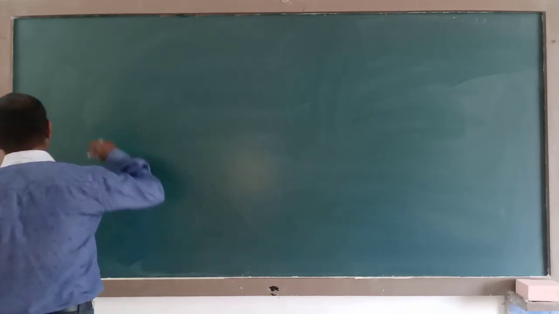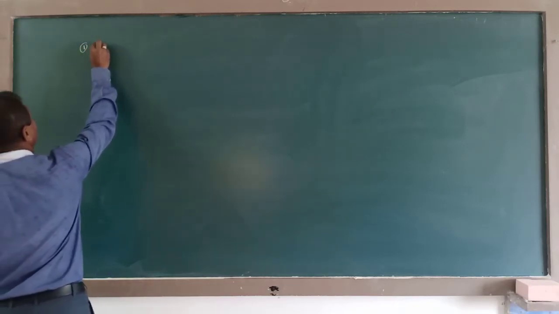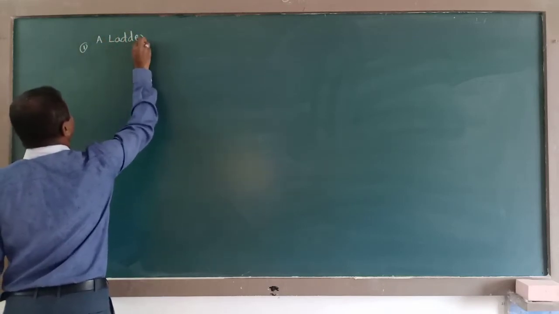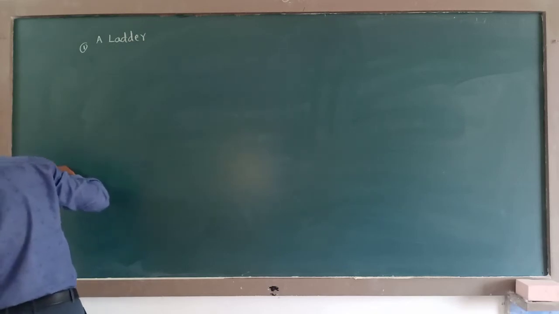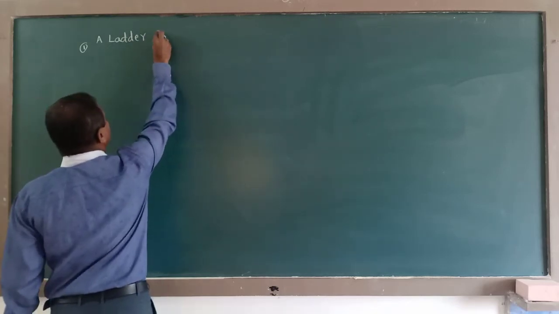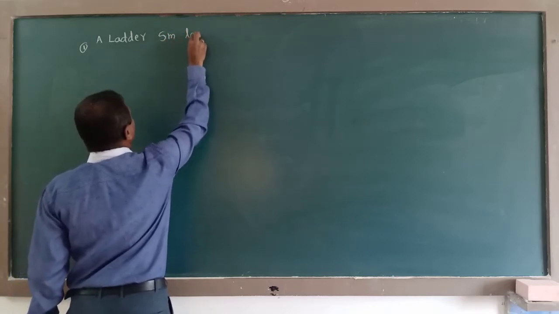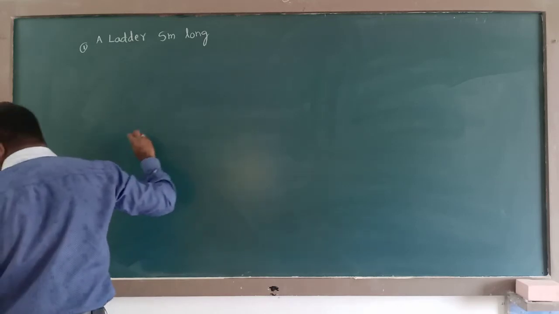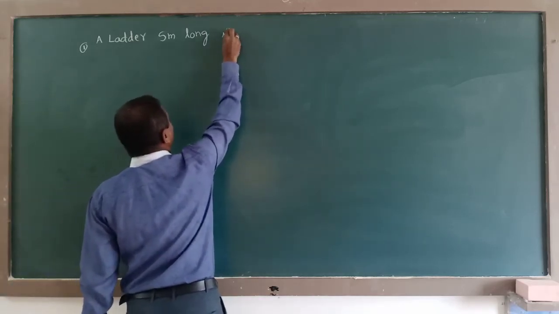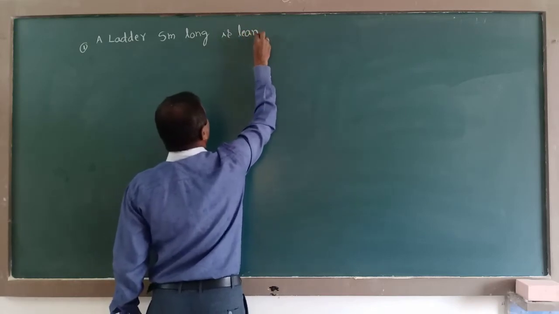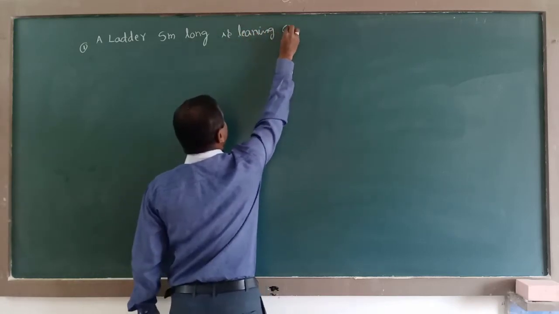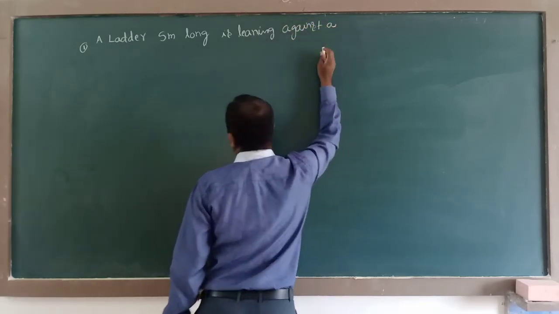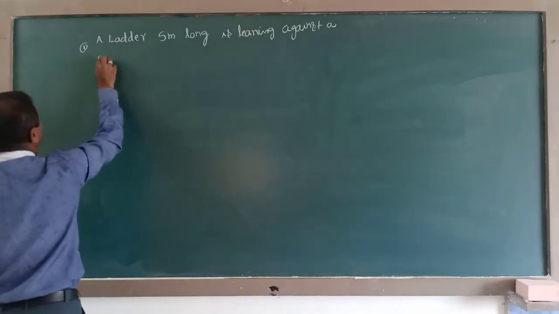A ladder 5 meters long is leaning against a wall.